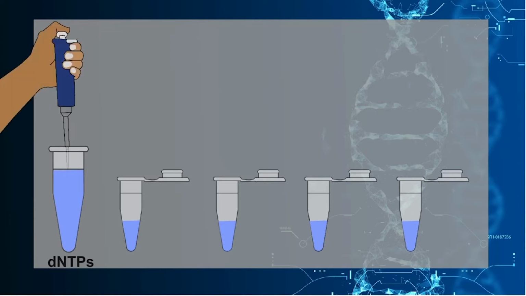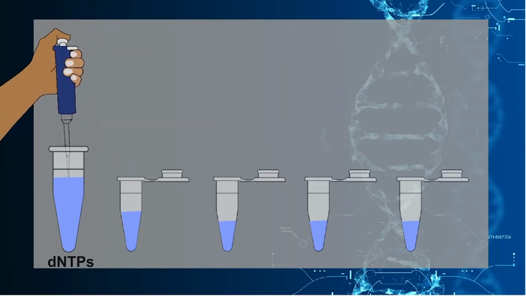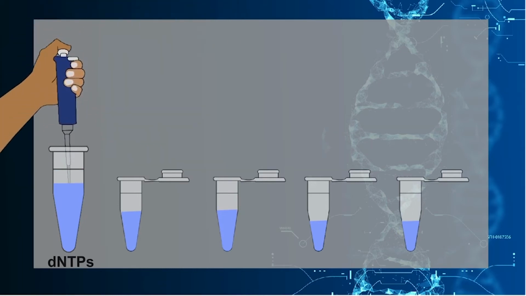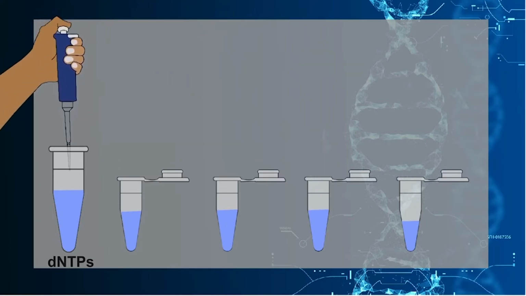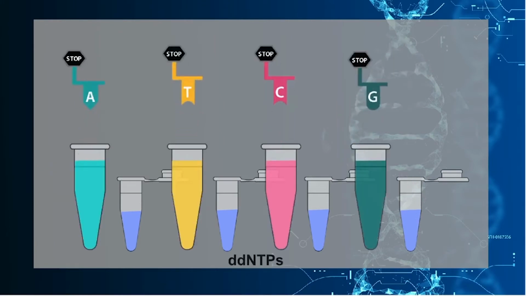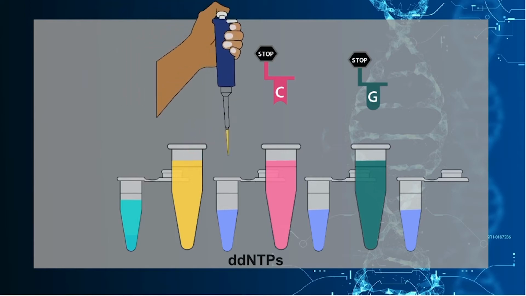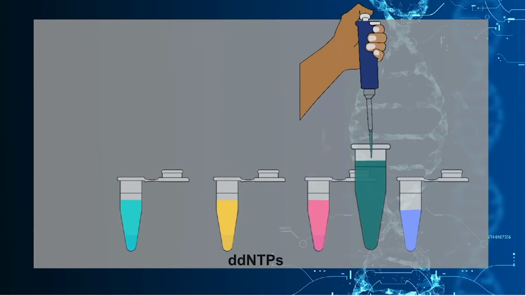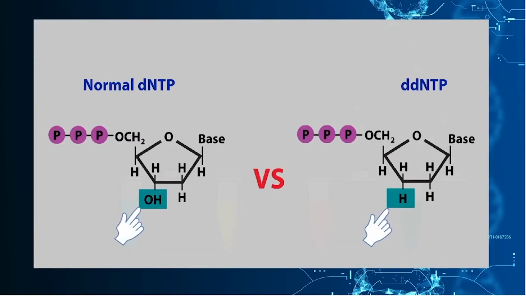You have to add all 4 nucleotides, C, T, A, and G, in all 4 reactions. And in the subsequent step, you are going to add the dideoxynucleotides. As you recall, you have 4 different reactions: A reaction, T reaction, C reaction, and the G reaction. And in all of these, you have added the dideoxynucleotide.